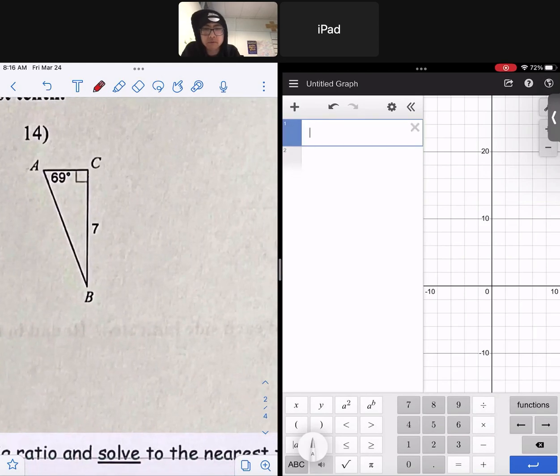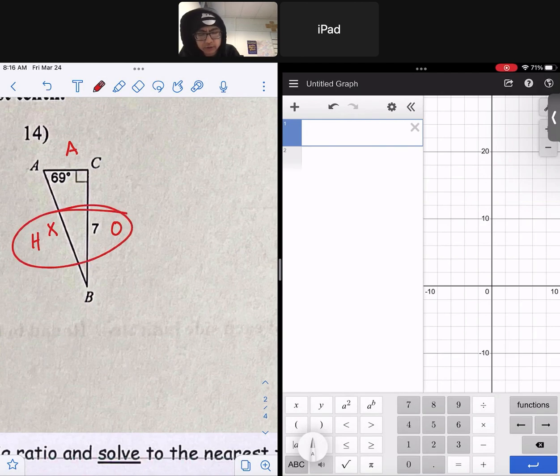Okay, 14. Same drill. So, in the perspective of this angle, this is opposite, this is hypotenuse, and this is adjacent. So I'm just going to denote this as x. There's information at O and H, so that's sine. So sine of 69 degrees equals 7 over x.